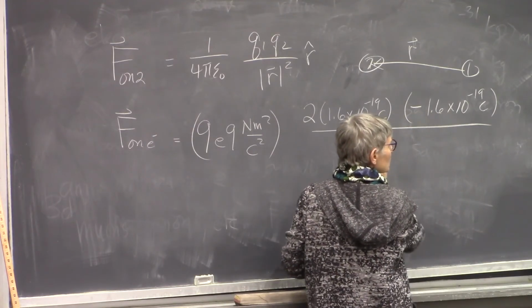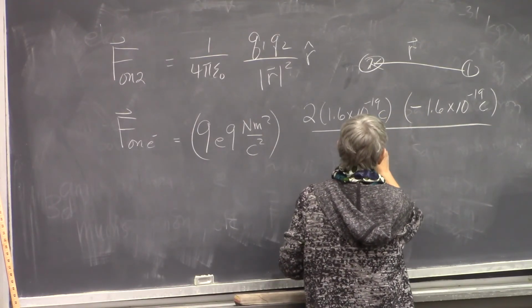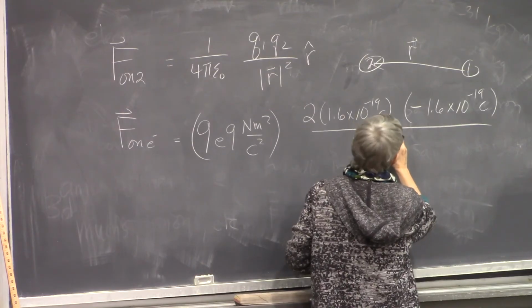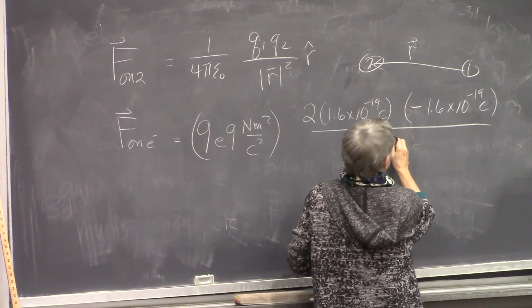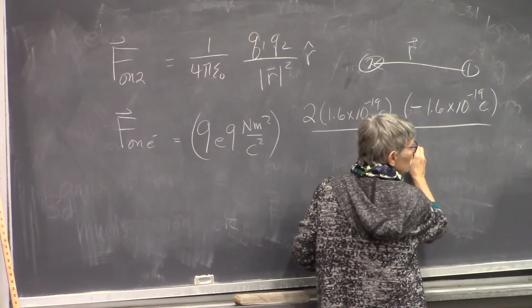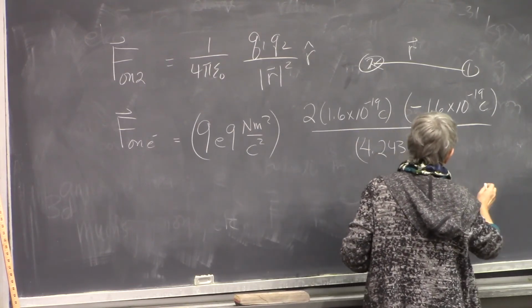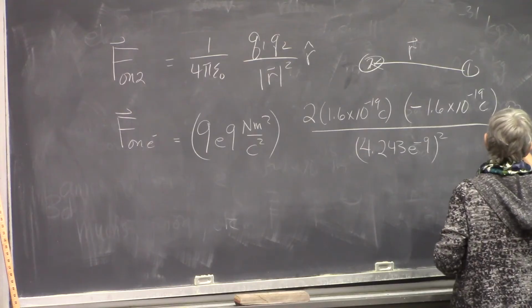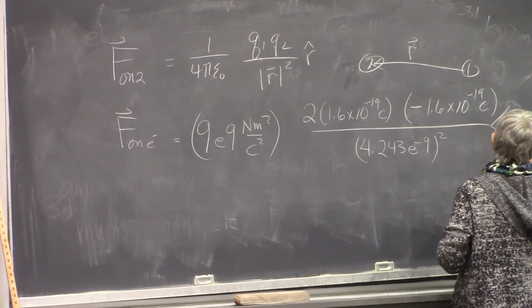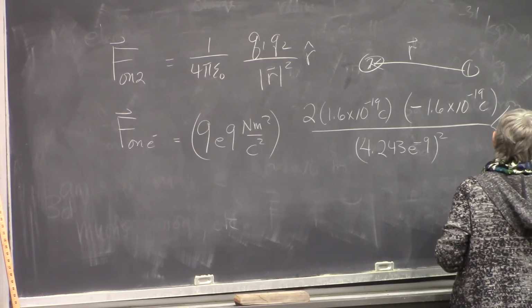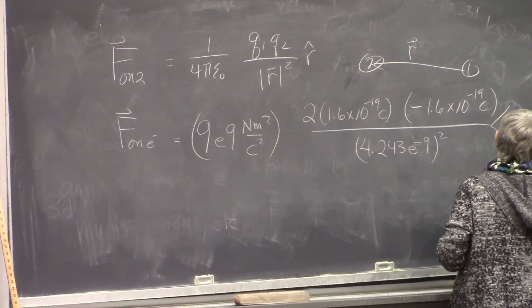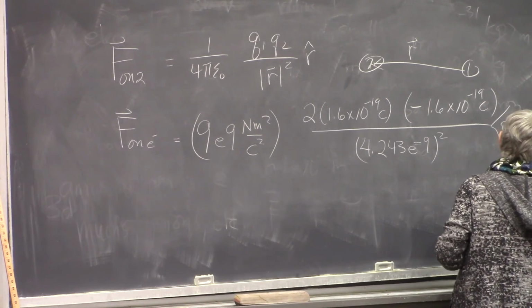We want it to be r squared, 4.243 times 10 to the minus 9 squared times 0.707, minus 0.707, 0 meters.